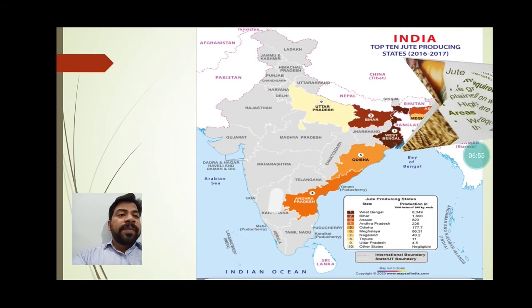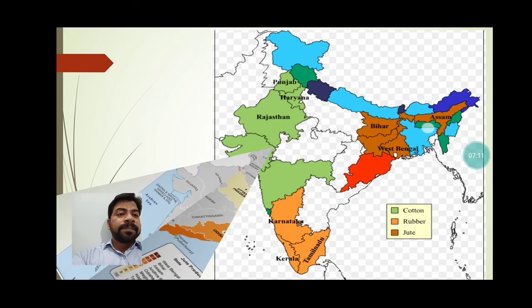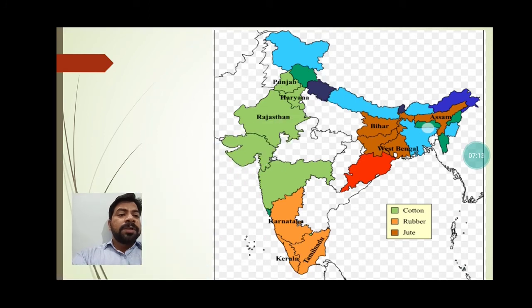Just take a look at the map of the top 10 jute producing states in India: Uttar Pradesh, Bihar, West Bengal, Assam, Meghalaya, Odisha, Andhra Pradesh. So this map will help you, students. Just practice it. If we talk about cotton, rubber and jute producing states, with the help of the index you can identify them.